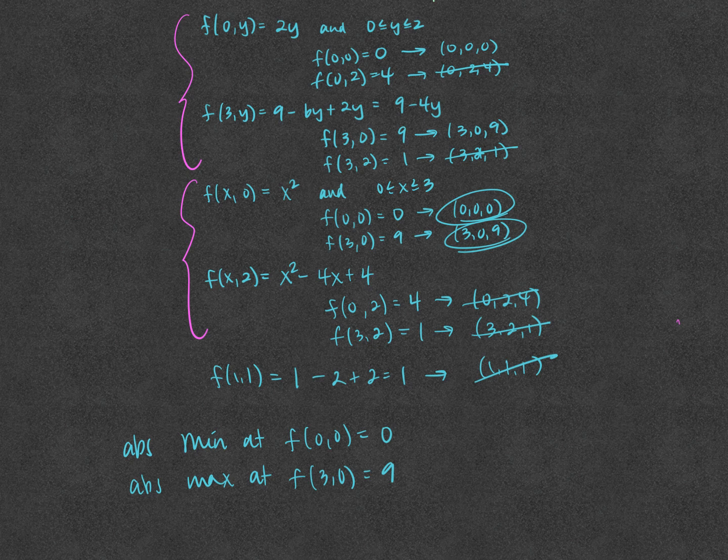If you go back and look at them, both of these are f of (3, 0), and both of these are f of (0, 0). And our critical point didn't come into play at all, but that's not necessarily true.